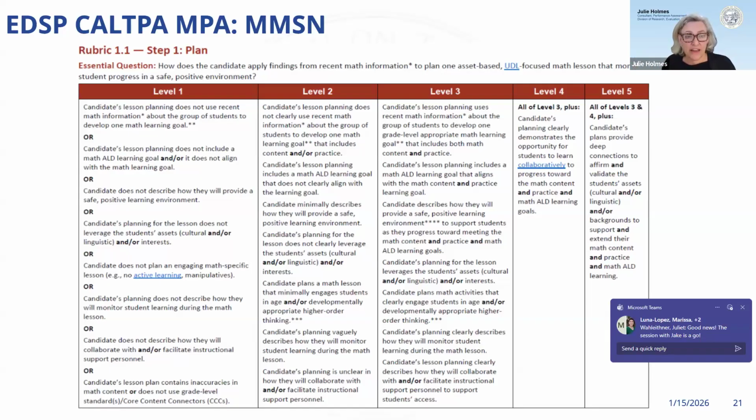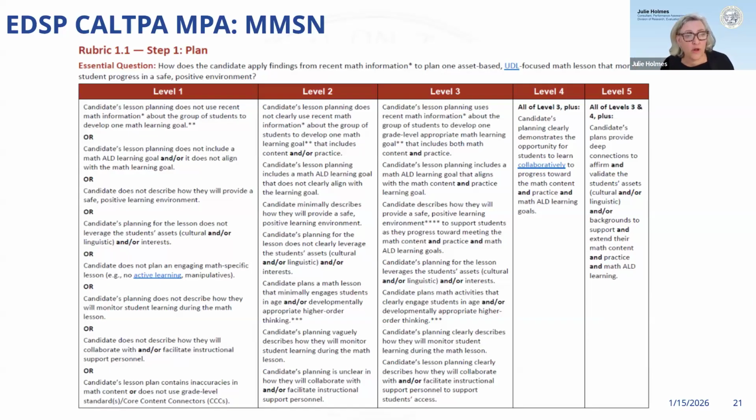But again, leveraging students' assets, whether they're cultural, whether they're linguistic, whether that's an interest. What do you know about these kids, about your group, about your focus students? What do you know about them that's really going to help you tap into what they do really well or what they're really interested in to help them improve in this math area? So really important to help your candidates tap into that.